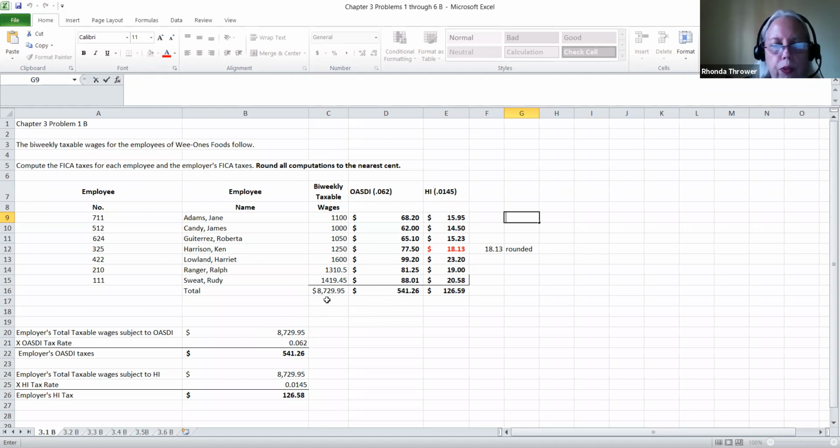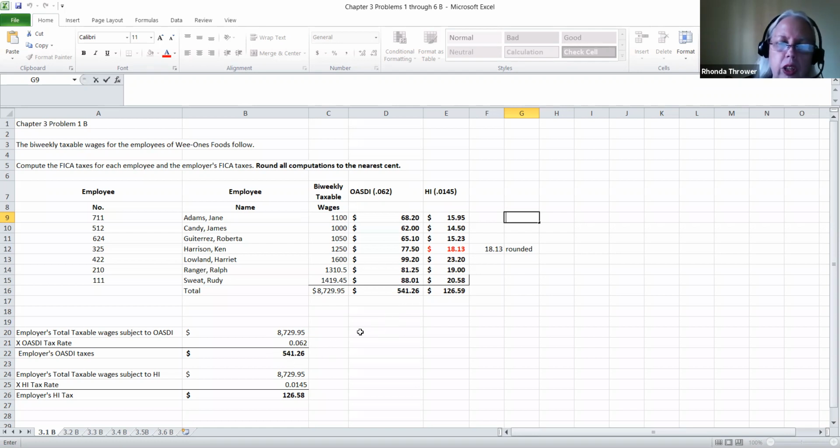So I want to emphasize that you pick up the total wages when you're calculating the employer's OASDI. The total wages would be multiplied by 6.2%. In this particular problem, I don't think there was a rounding error, because you can see this is the same amount as this.